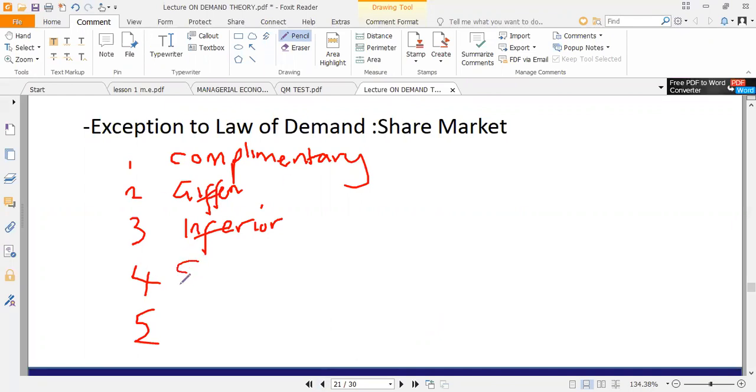The other one is substitute goods. What is a substitute good? It can replace or easily substitute another item.